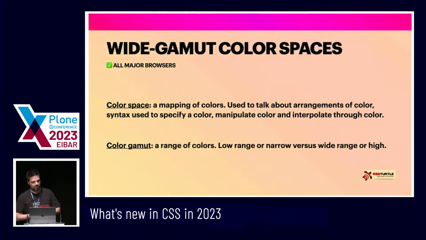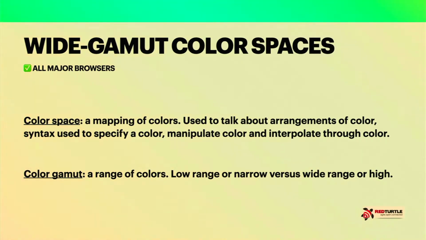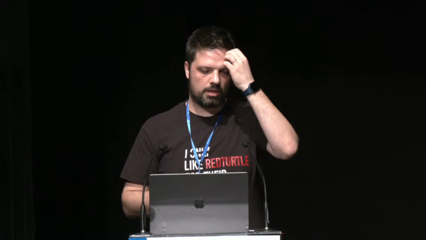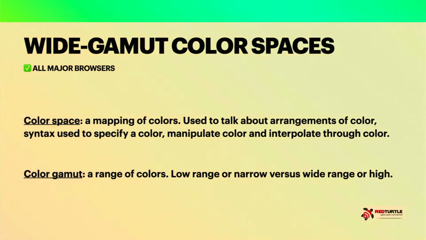That also specifies the syntax you use to specify a color. You have used RGB, I'm sure of that, and that's 3-dimensional, right? And you have used HSL, I'm sure. It's also 3 dimensions, but it doesn't work the same way, and I'm going to show you in a second. The color gamut, on the other hand, is the range of colors.